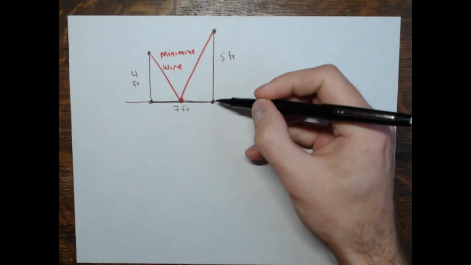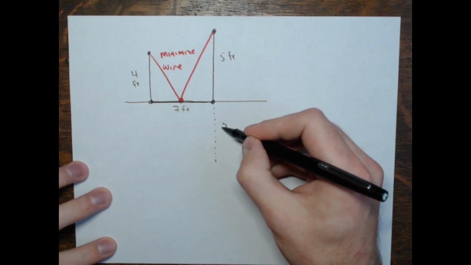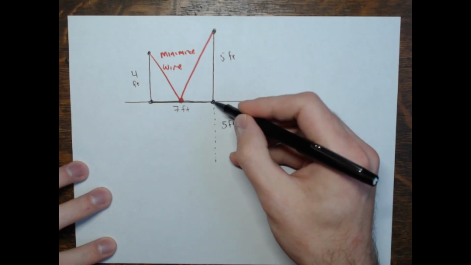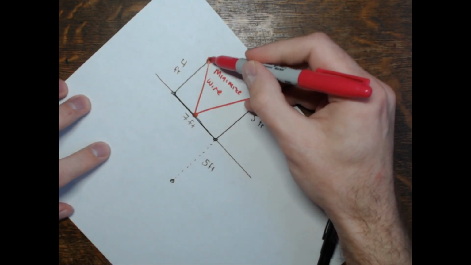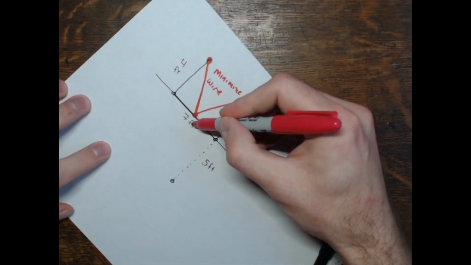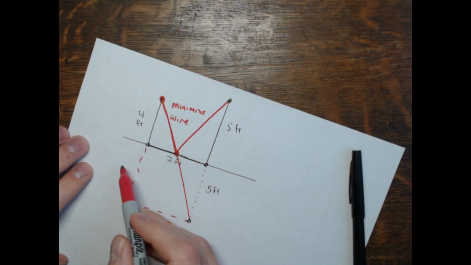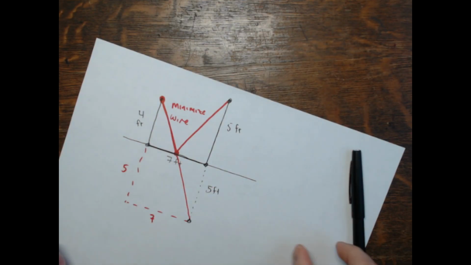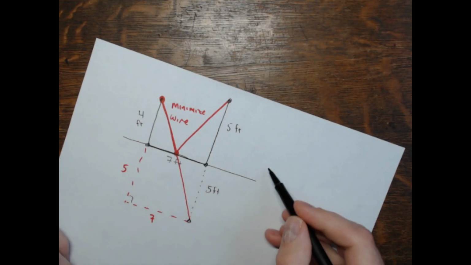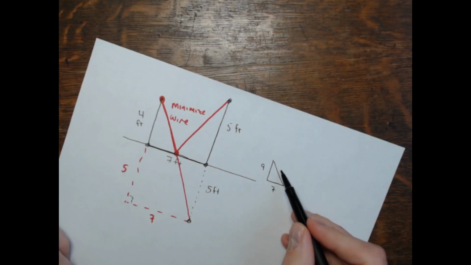So again, I could do this thing where we reflect. We're talking about minimizing distances. You could use a reflection property, reflect this 5-foot pole into the ground here, and then just draw a straight line distance from the top of the 4-foot pole straight there. You create this little right triangle where again this is 5 feet, 4 feet, this is 7 feet. So you got a right triangle here with 9 feet on one side, 7 feet on the other.